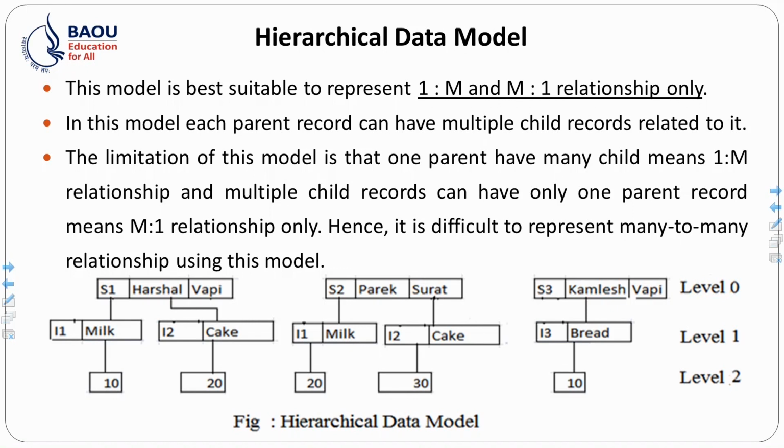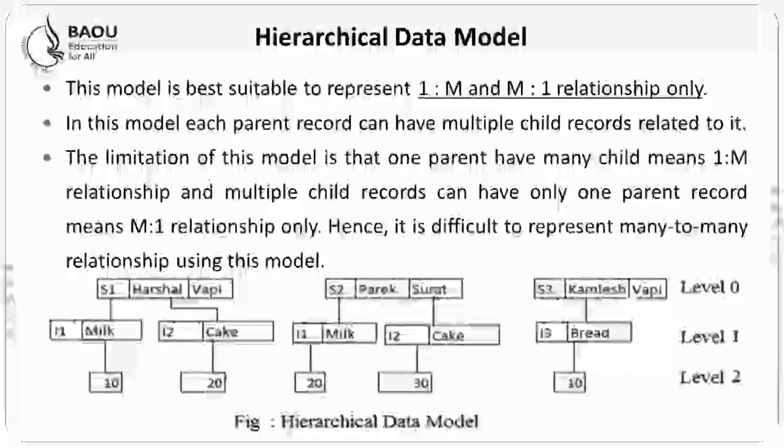So S1, S2, S3 are the main parent records at level 0, and items 1, 2 and 3 are at level 1. It is a child of S1 and parent of the discount amount. So it is a hierarchical data model. Multiple children have a single parent.